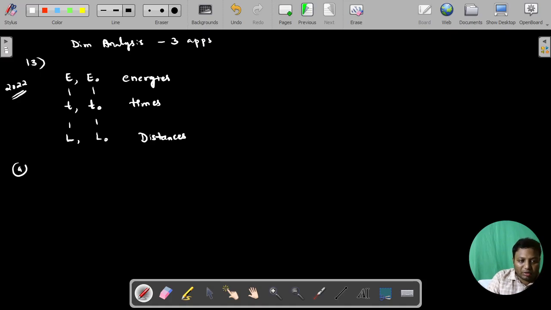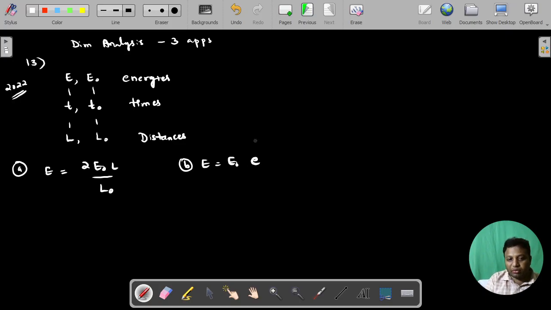Okay, the options given to us, I am writing them also. Option A is E equal to 2E naught, L by L naught. B is E equal to E naught, e power minus 2L by L naught.